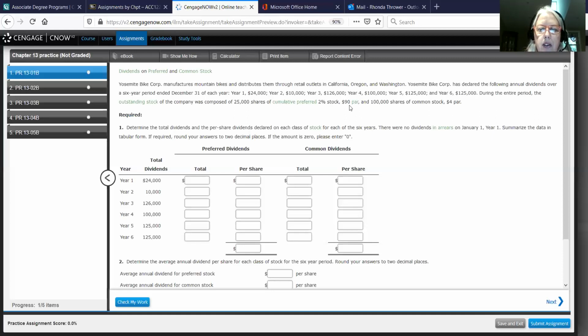We also need to know the par value of the stock. Par value is just an amount that is assigned to our stock when the stock is created by the board of directors. It doesn't really mean anything about the value of the stock other than it's the amount printed on the face of the stock.